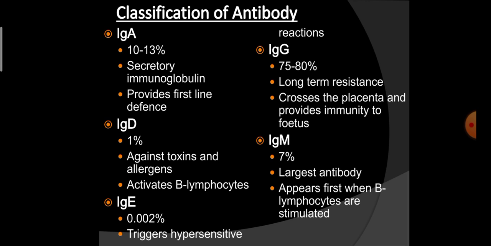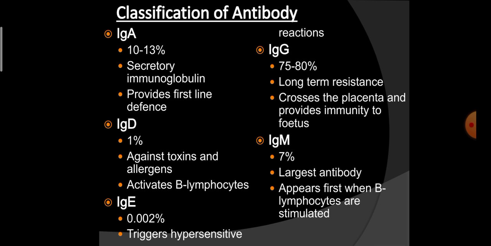If you remember, in innate immunity I had told these secretions, the physiological barriers, provide the first line of defense. It is effective against a number of antigens, especially ones with polysaccharides. All right, so IgD is just 1%. It is effective against toxins and allergens, and it activates the B lymphocytes.